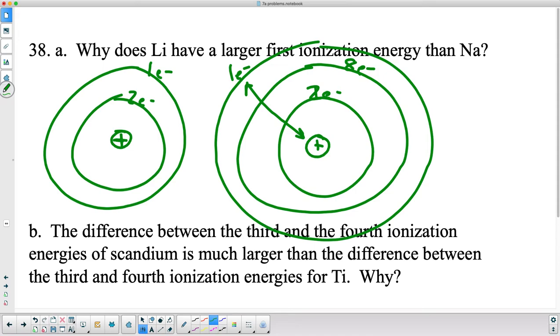So less attraction between charges because of greater distance.